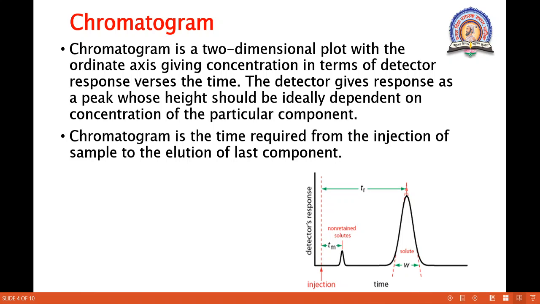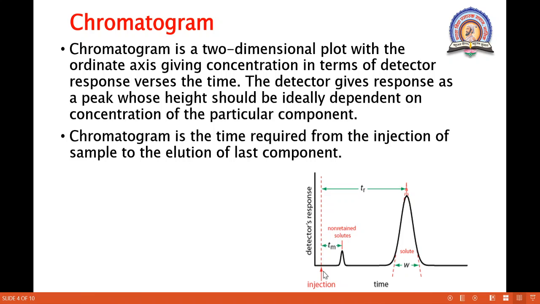It is a graphical representation of detector response versus time.